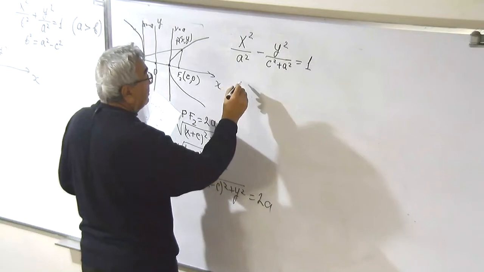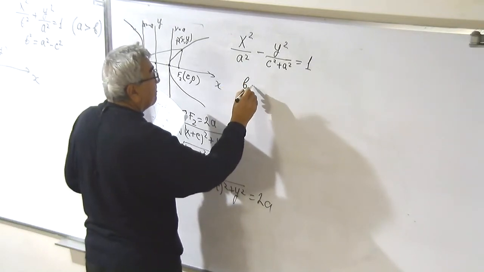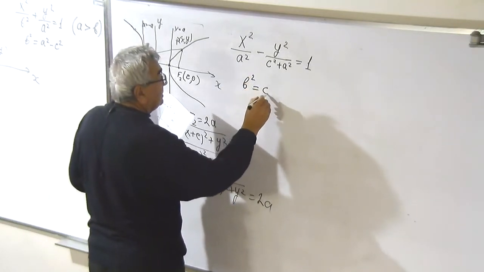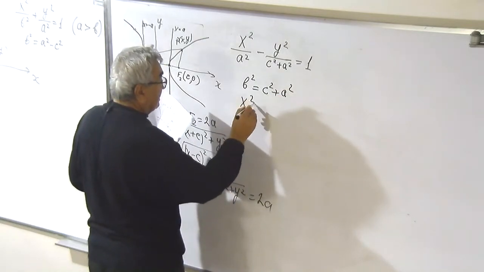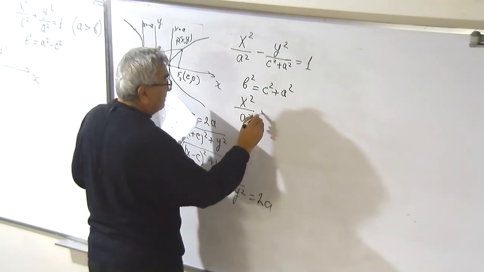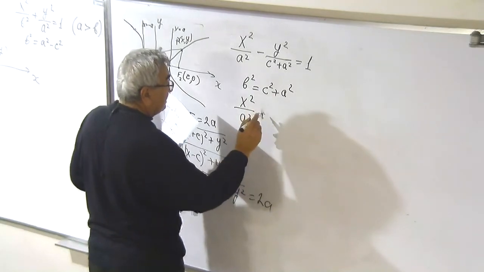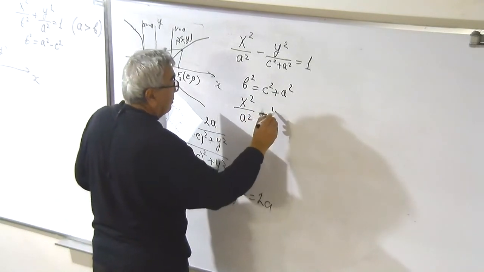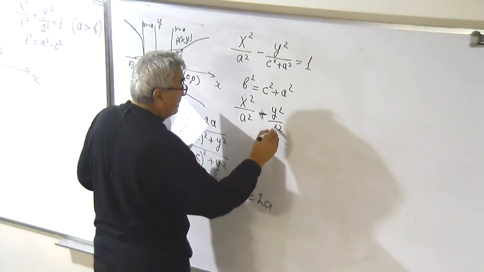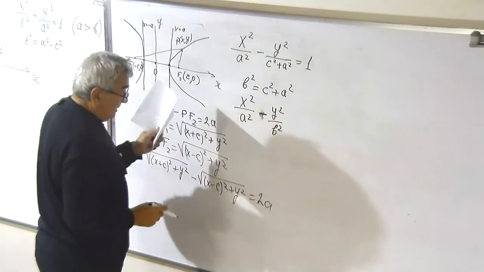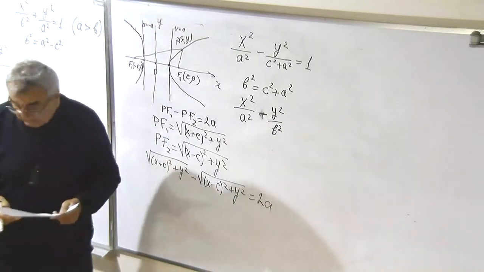Note, if I note b square equal to c square plus a square, we receive x square divided to a square minus y square divided to b square. That means you receive these equations.